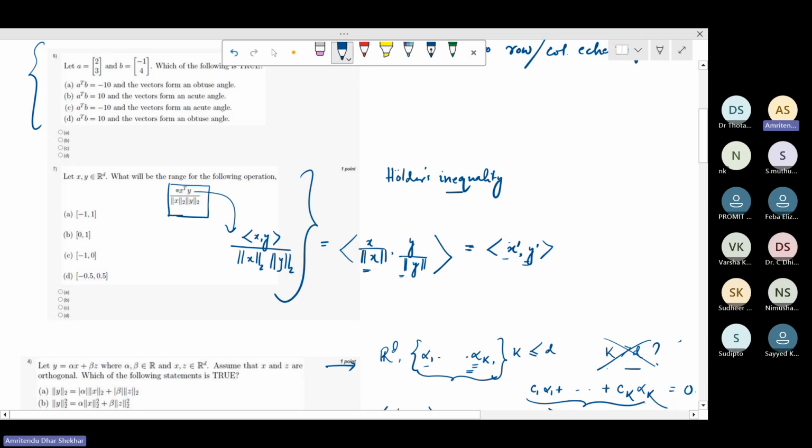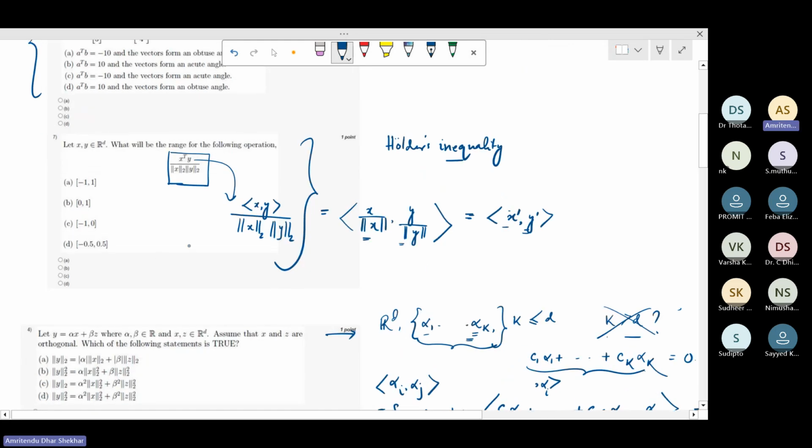So this problem is basically asking this question: if you give me two unit vectors, what is the maximum and minimum value? Let me just write it over here.